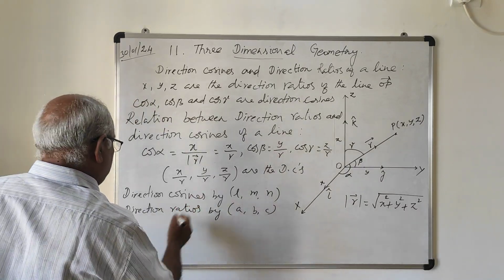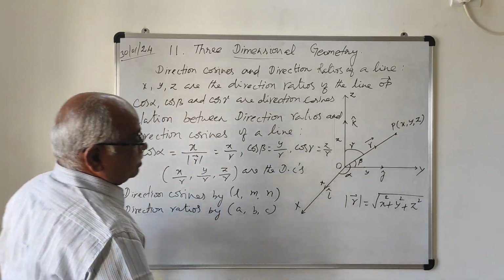So what is the sum of the squares of the direction cosines?